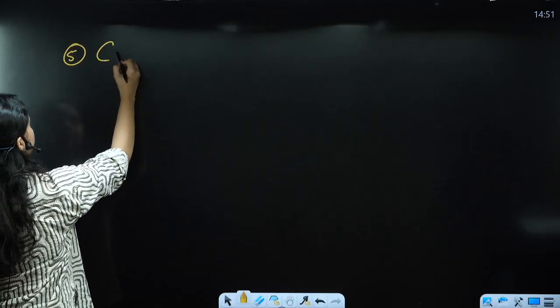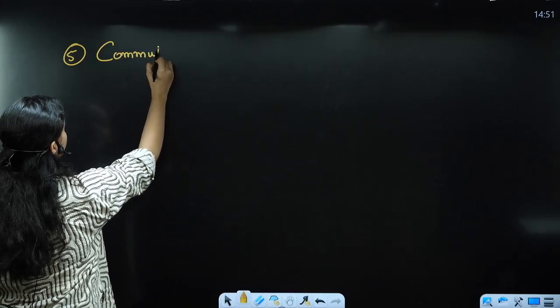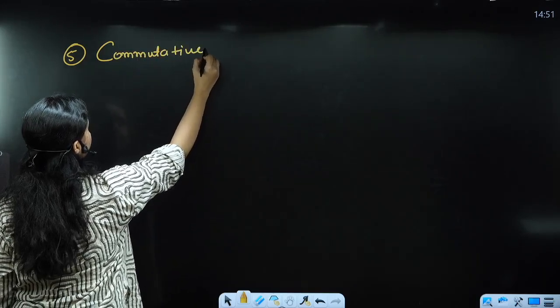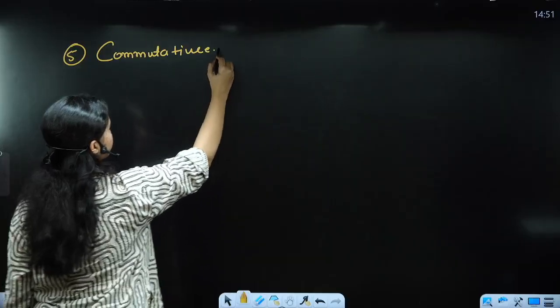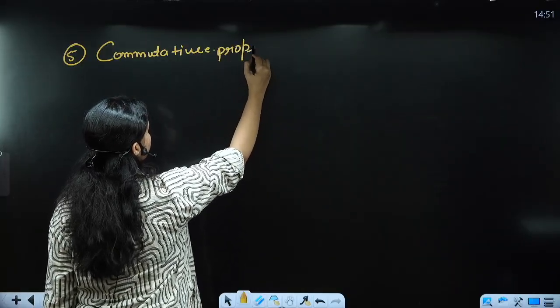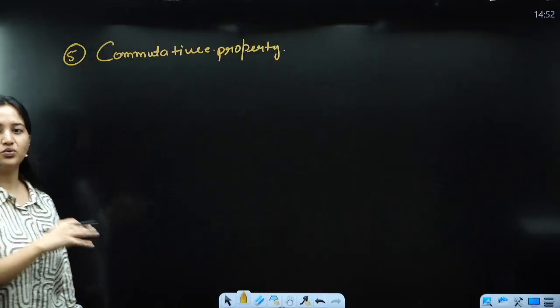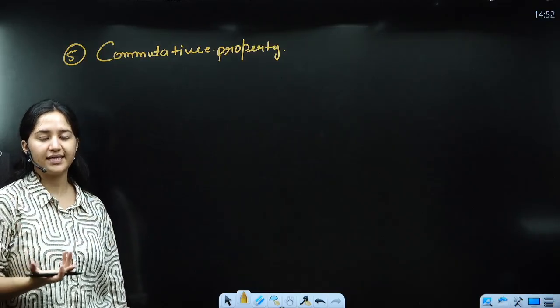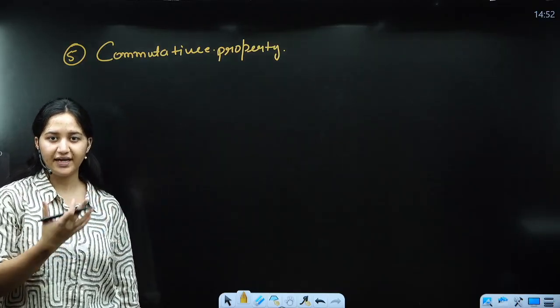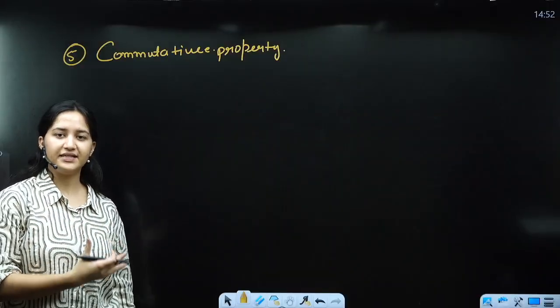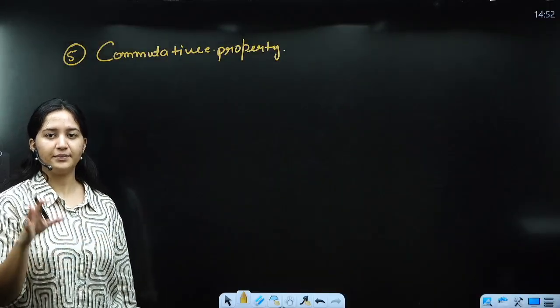Now what is remaining? Your fifth property, that is your commutative property. Now we do know that AB is not equal to BA in general when we talk about GLnF, right? So we can just quote one example and say that this is not going to be an abelian group.